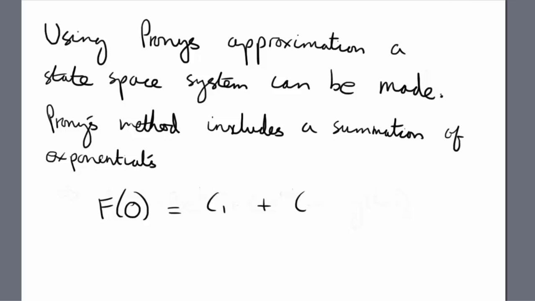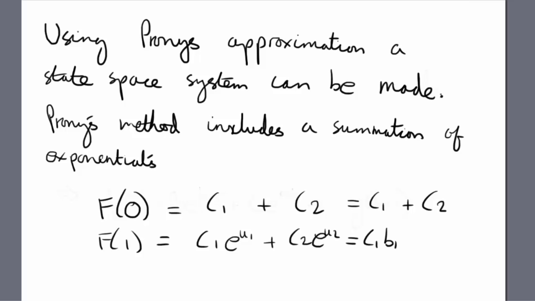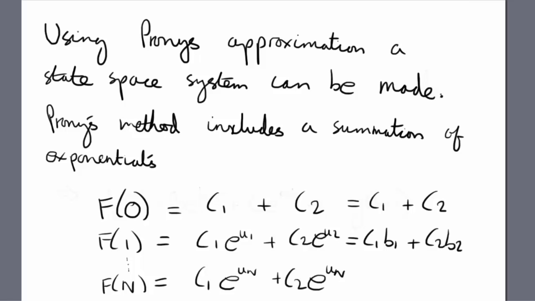This is just a small example where we have some WAMIT data sets, f of 0, f of 1, and all the way down to f of n. It's up to you how many exponential coefficients you want. That's just a little mistake there. It's up to you if you want tons of exponential values, so it's C1, C2, up to something like C50. But in this case, I'm just taking 2.